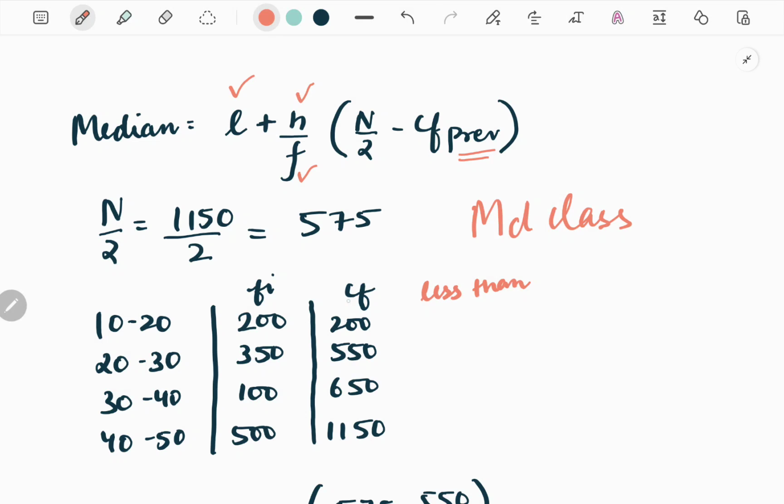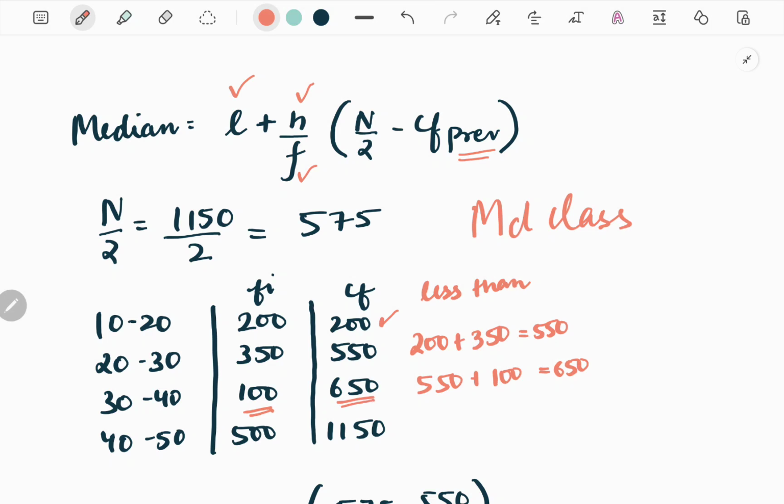In the first case, the cumulative frequency is 200. In the next case, it will be 200 plus 350, which is equal to 550. And the next one will be 550 plus 100, which comes out to be 650.